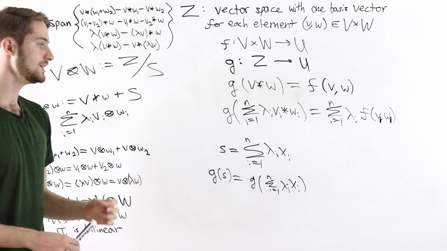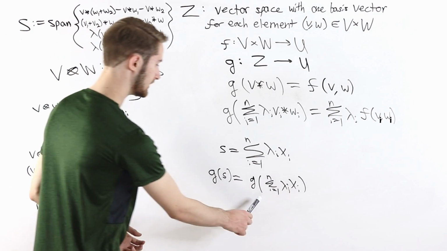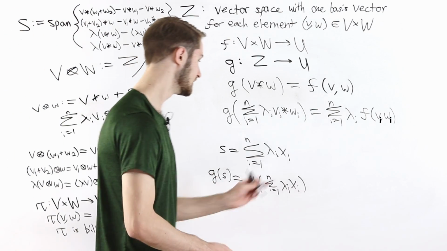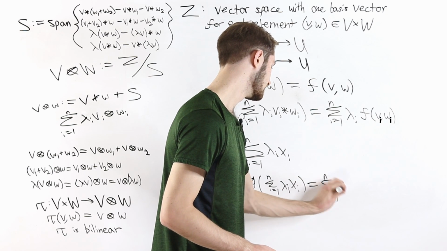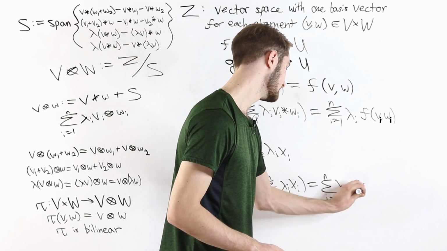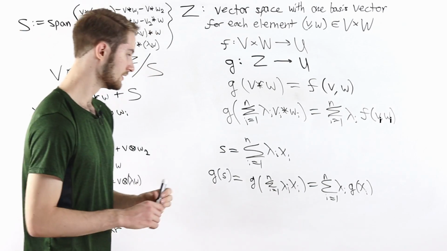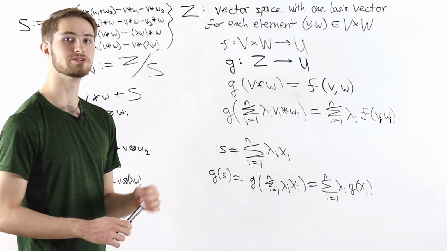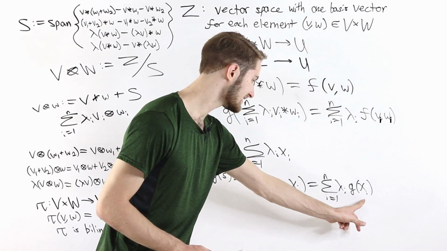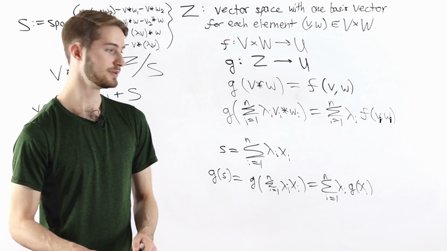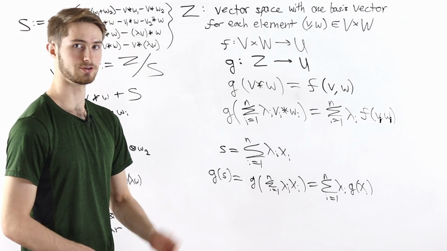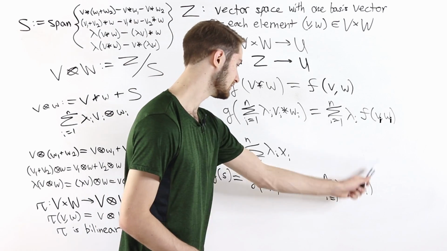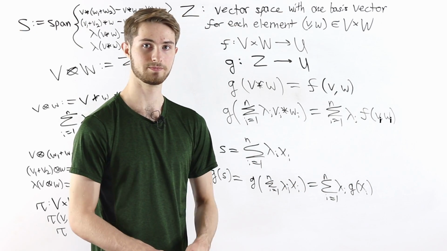But because g is a linear map, we can split up g of this sum into the sum from i equals 1 to n of lambda i times g of x_i. What this is telling us is if g of x_i is 0 for every possible x_i, then g of s is also going to be 0, because we'll just have a sum of lambda i times 0.